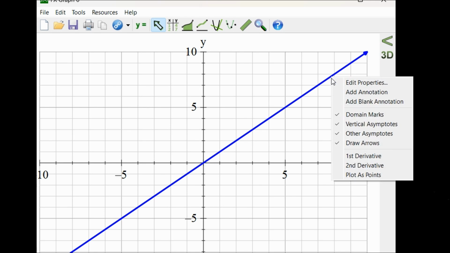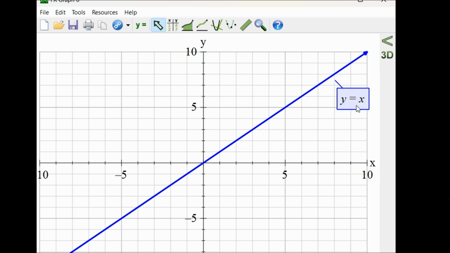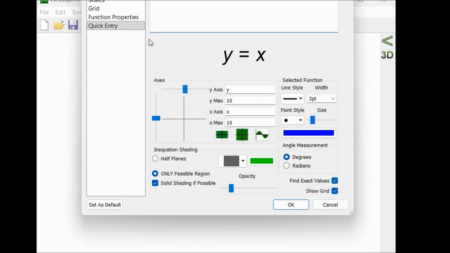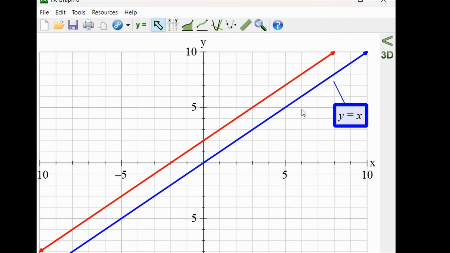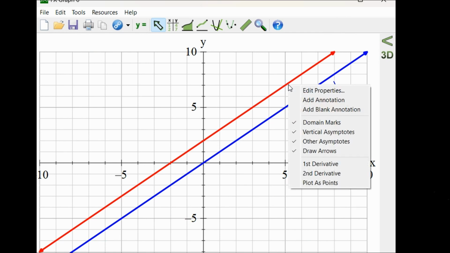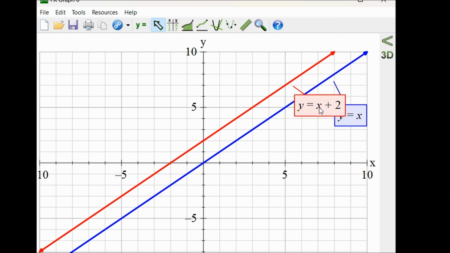That's y is equal to x. Now we put the plus 2 with the x, so we end up with y equals x plus 2, which would be the red line. There's our y is equal to x plus 2.